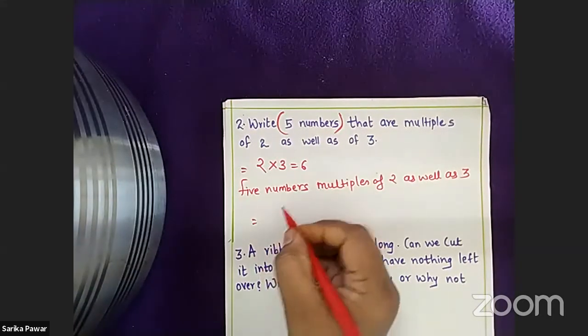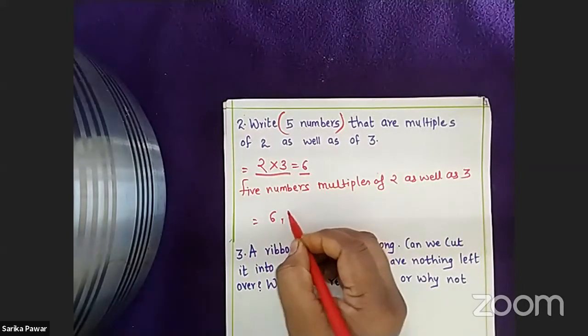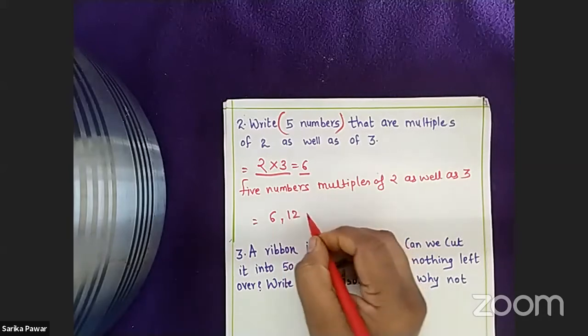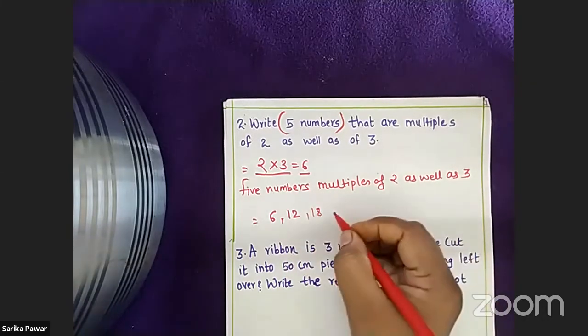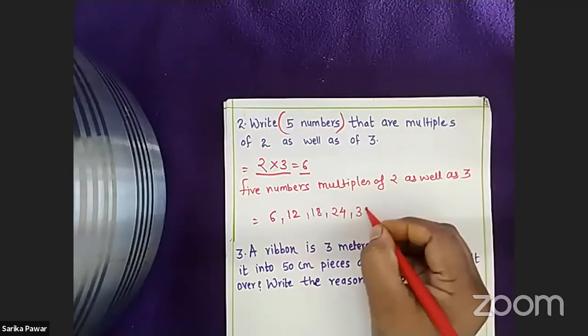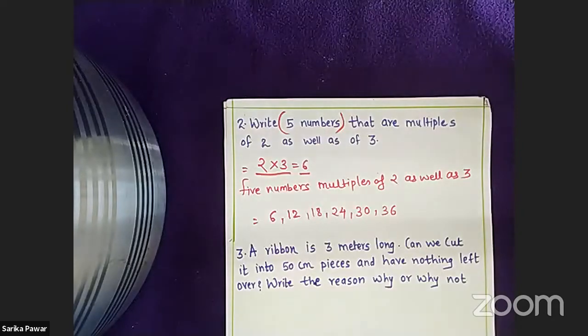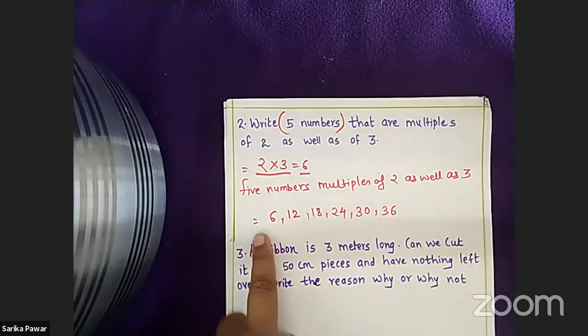6 ones are 6, 6 twos are 12, 6 threes are 18, 6 fours are 24, 6 fives are 30, 6 sixes are 36. Why did I write the table of 6?